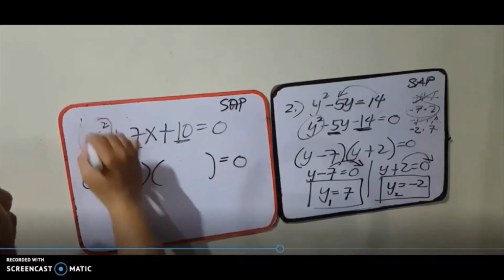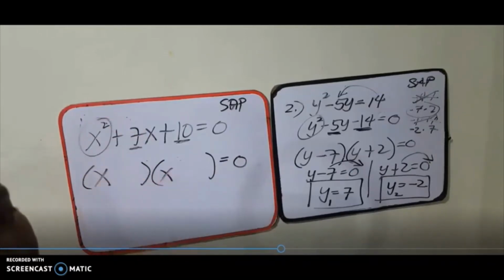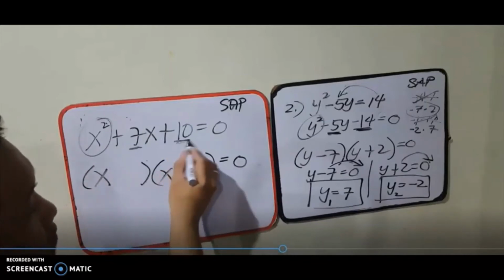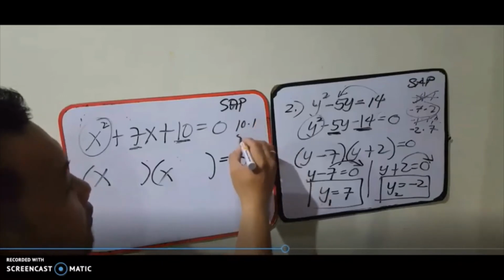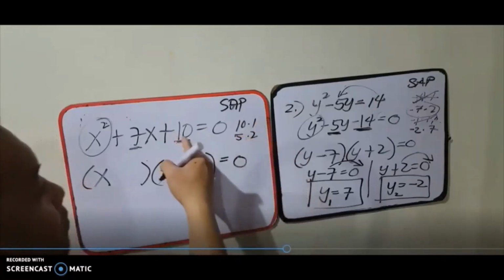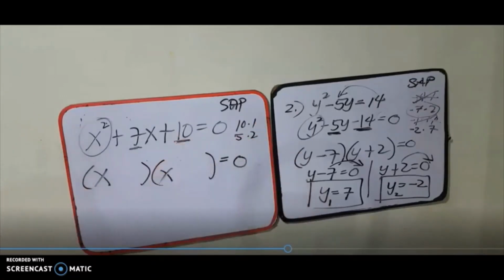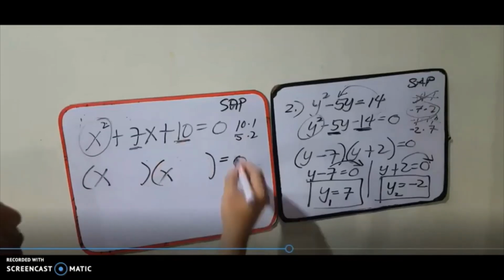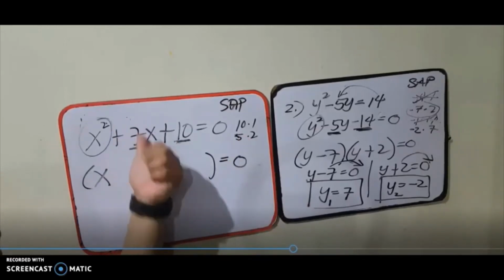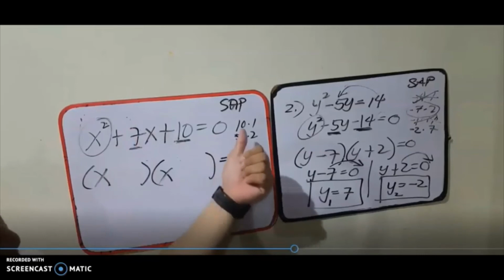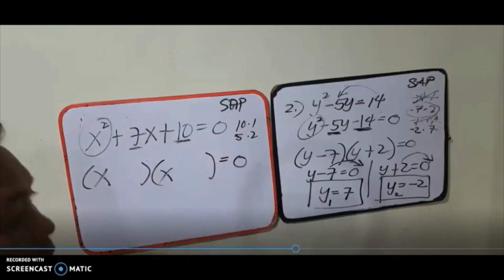So the factors of x squared will be x times x. Then let's find the factors of 10. That will be 10 times 1 and 5 times 2. Both of these are positive. Since the middle term is positive, the two factors must be positive.